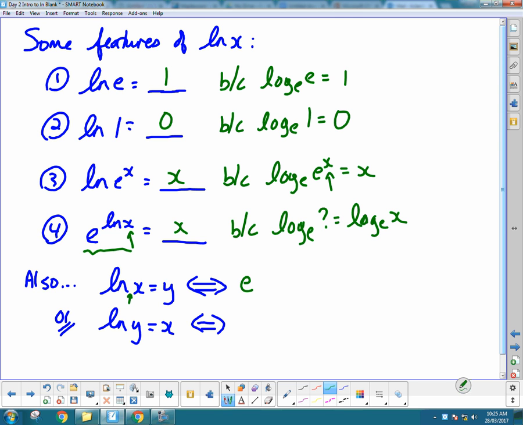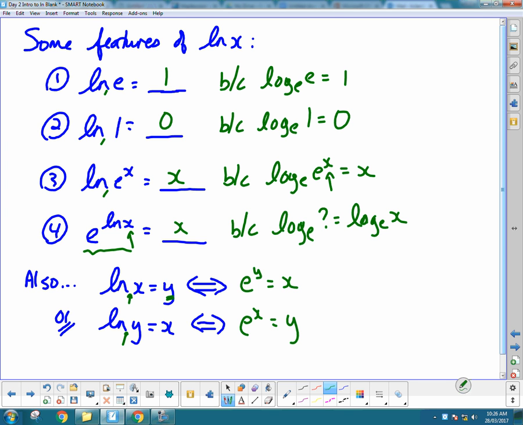So the base is e, the exponent is y, and the answer is x. Same thing here. This is ln, so you know the base is e, the exponent is x, and the answer is y. So ln is just a special logarithm with base e. If you don't see it there, you know there's always a base e right there.